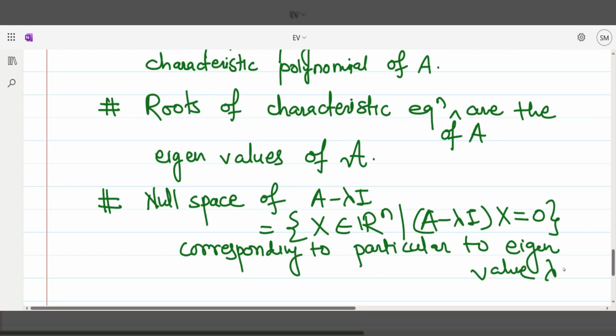Let's focus on this particular term later also.